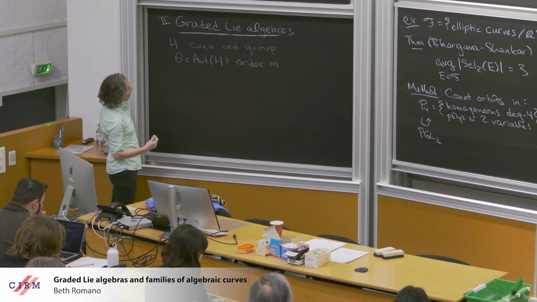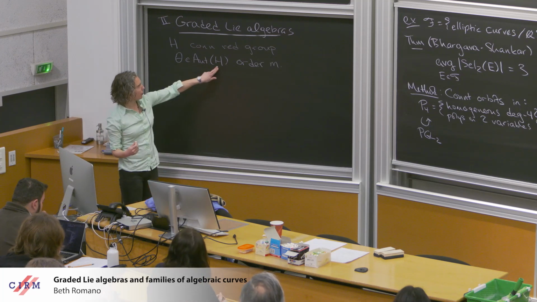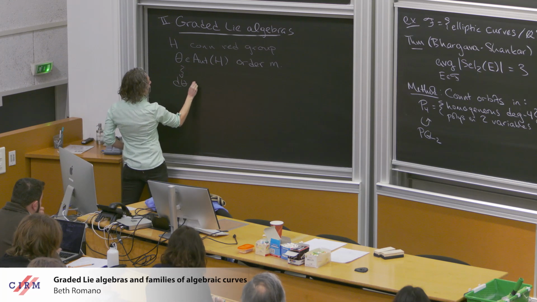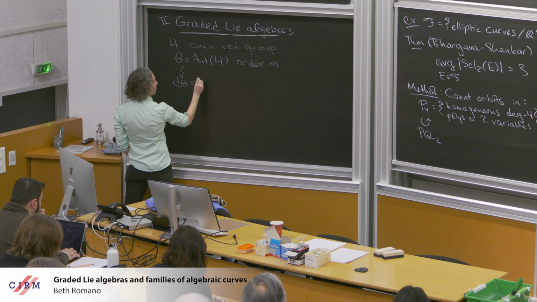If you have an automorphism of H, your reductive group, you get an automorphism theta of your Lie algebra.